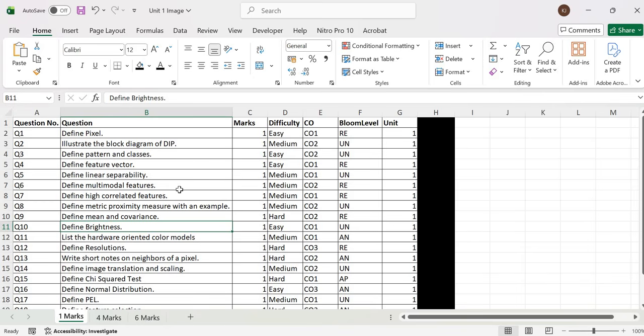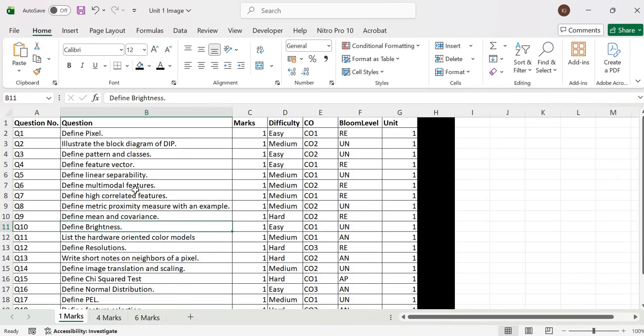So this section mainly checks subject understanding, terminology knowledge, and basic concept clarity. So you should know about this section. I'm talking about section number 1, where you can get 1 marks very easily.